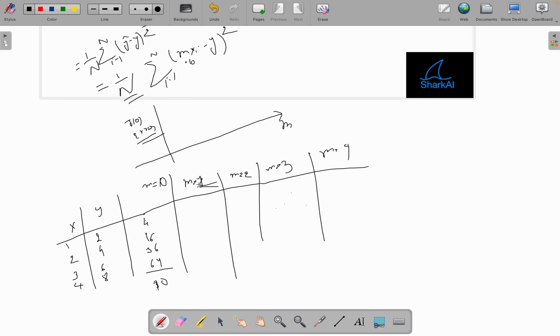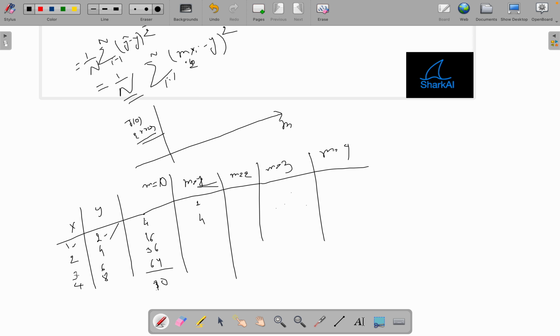Okay. And when m is equal to 1, so m into xi, so 1 into this value 1. Okay. Minus 2, that is 1 square 1. Okay. Then 2 into m is 1, sorry, so 1 into 2, that is 2, 2 minus 4, 2 square 4.